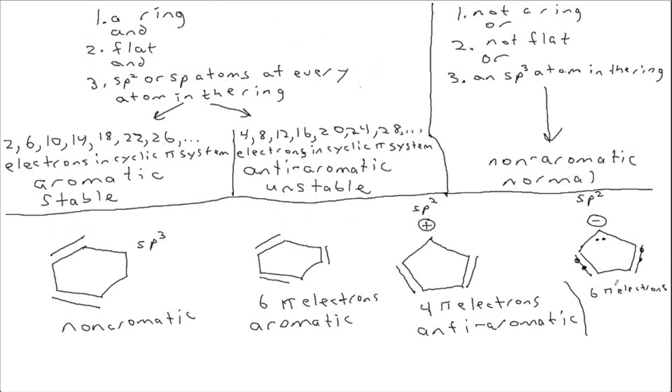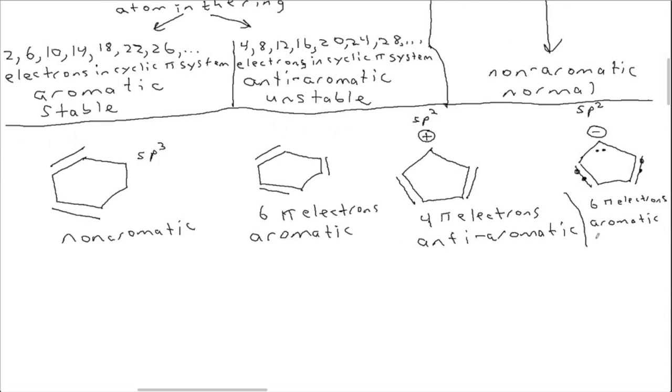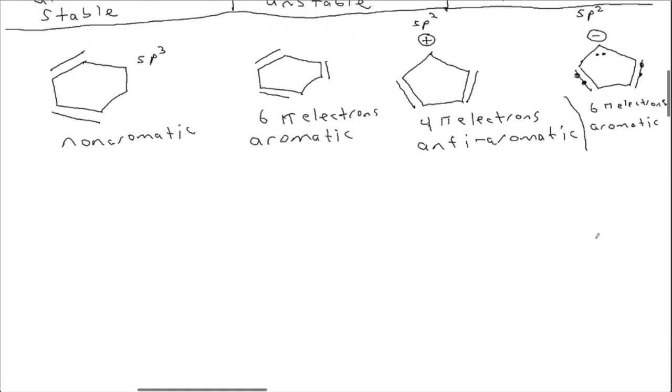So what category is this? This is aromatic. Okay. So pi lone pairs can definitely count as pi electrons, as we saw earlier.